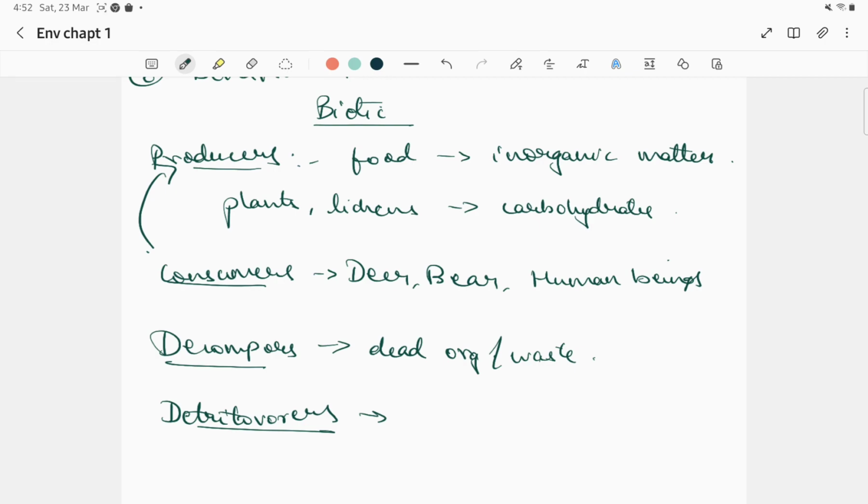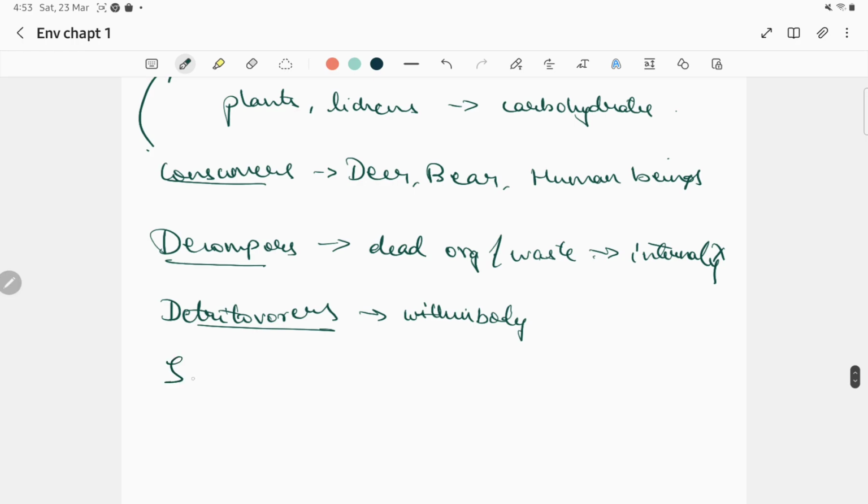Detritivores must digest the organic material within the body in order to break it down and gain nutrition. Decomposers do not need to break down the material in the body. They break down the material outside the body. So internally it is not required. This is the difference between decomposers and detritivores.